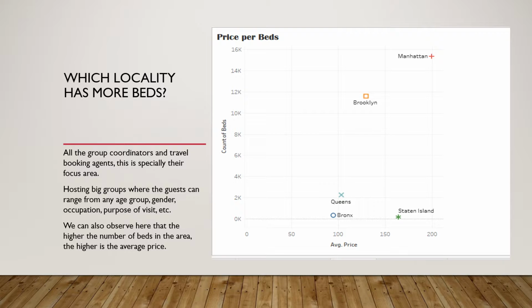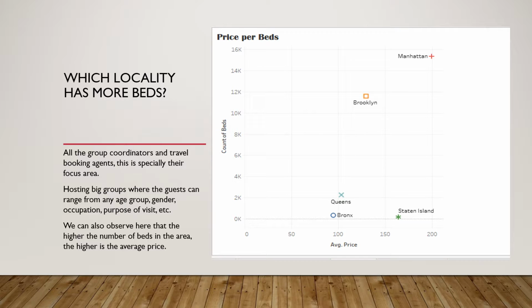But if we go down and see the average price and the count of beds in Bronx and Queens, it is relatively lower, while comparing that to Staten Island, we see although they may not have as many beds as Brooklyn or Queens, the average price for that is more than Bronx and Queens, and even Brooklyn.